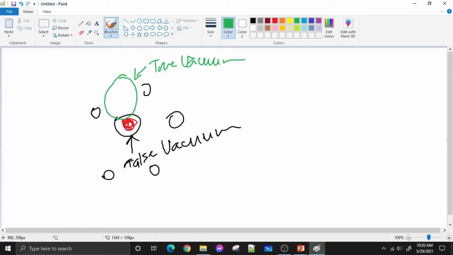What happens now is the matter that is trapped in a false vacuum will transcend to the true vacuum by nucleating, and this false vacuum will begin forming a new bubble or a new vacuum. So this will form a new true vacuum, a new state.